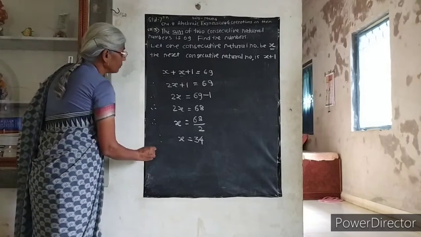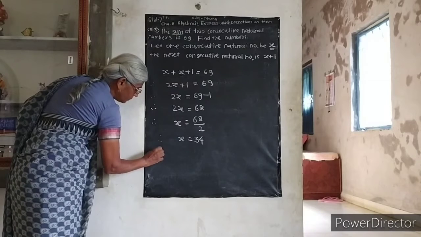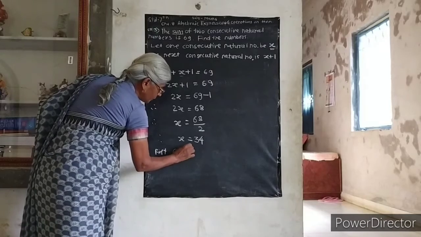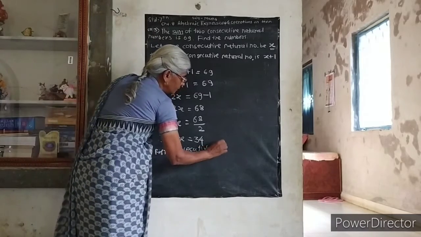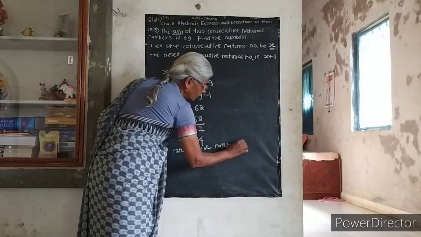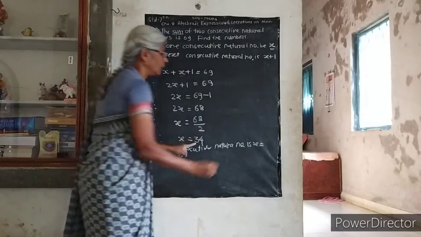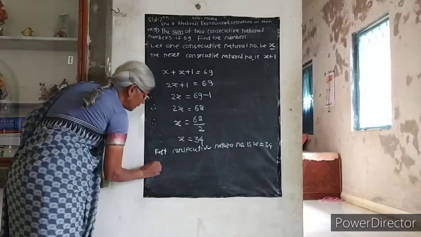Then the first consecutive natural number is x is equal to 34. Then which is the next? Second.